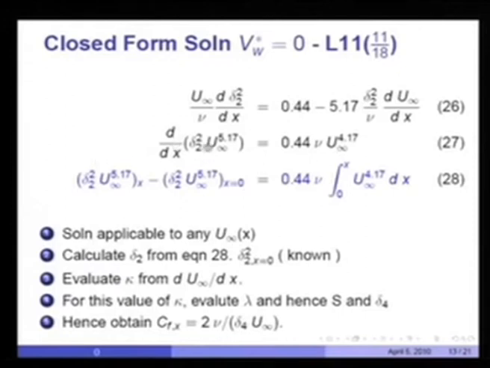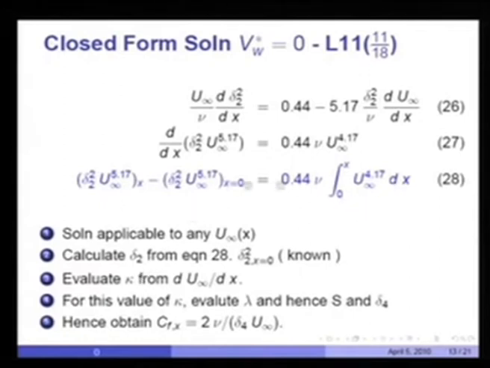If I were to integrate this equation from 0 to x, then delta 2 squared u infinity raised to 5.17 at x will equal delta 2 squared u infinity raised to 5.17 at x equal to 0, plus 0.44 nu times the integral from 0 to x of u infinity raised to 4.17 dx. So, the solution is applicable to any arbitrary variation of u infinity, and the restriction imposed by the similarity method is now removed.